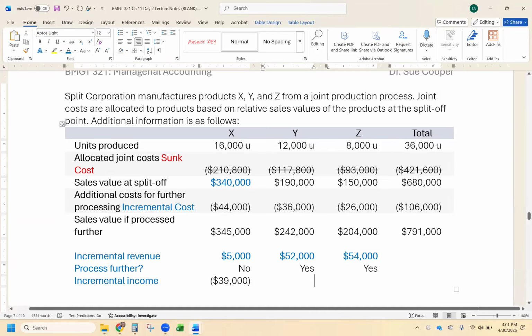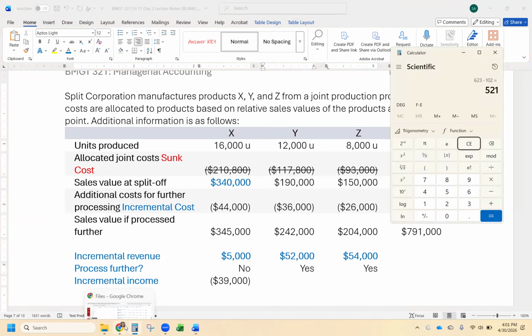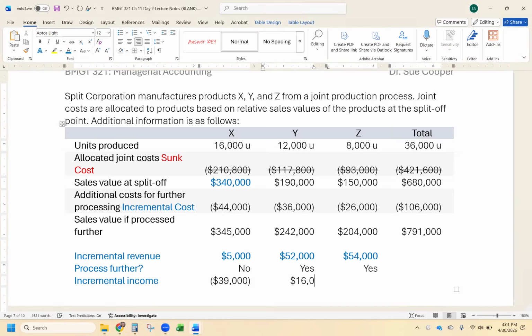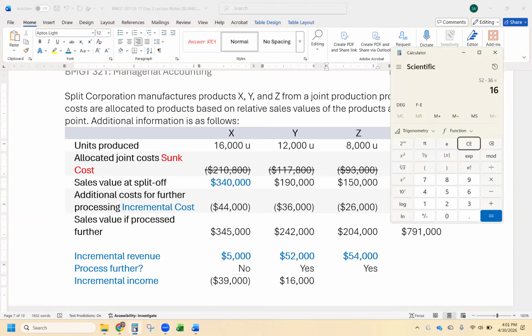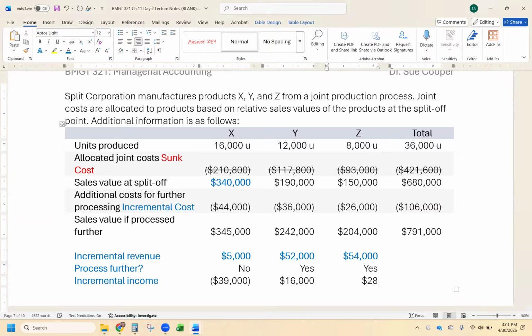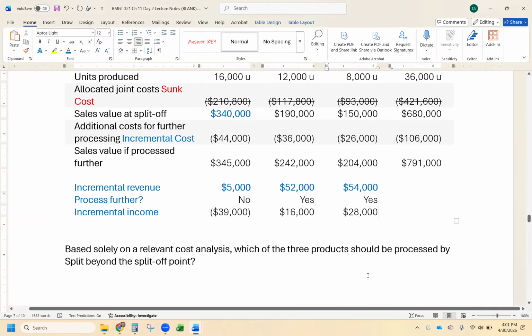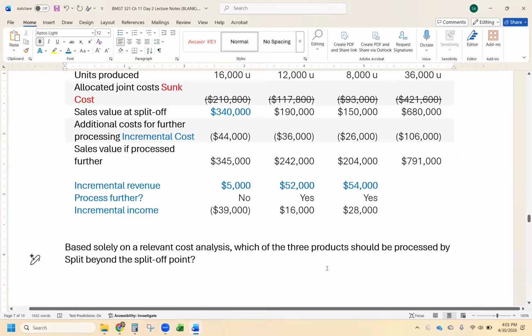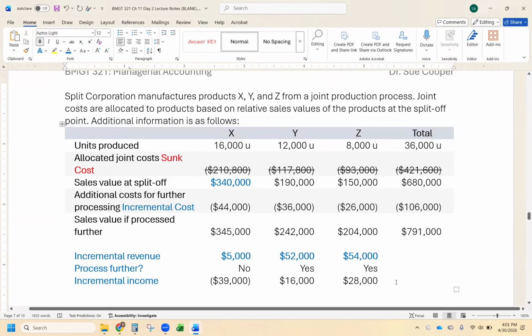This one would be 52 minus 36, so 16. And this one would be 54 minus 26, 28. So that's another number you could calculate in order to answer this question.